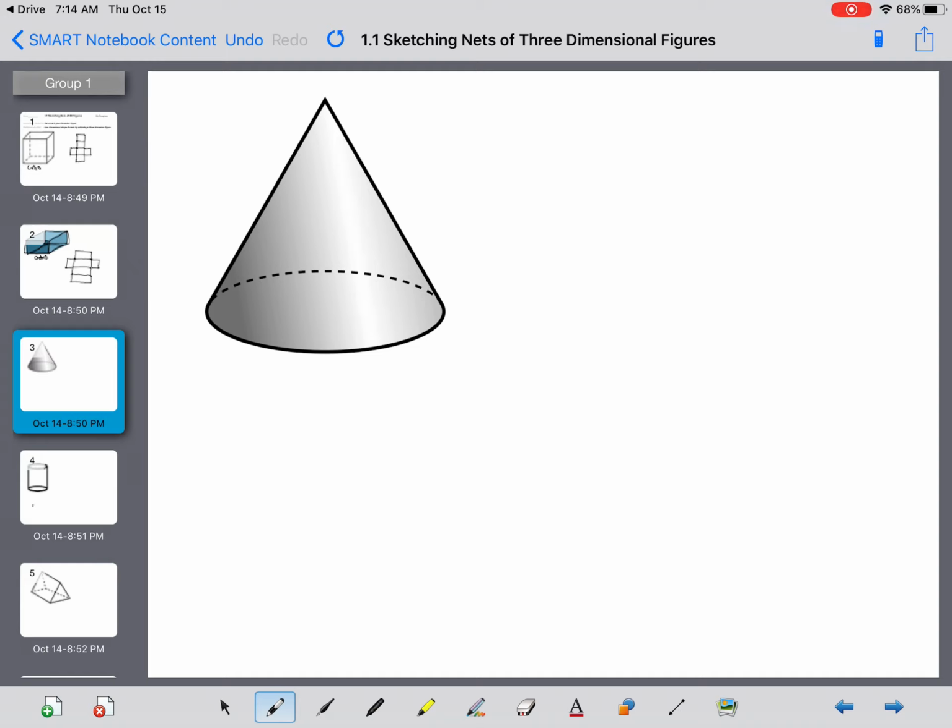Next 3D figure we have is a cone. Okay, cones are a little tricky. First thing is, you know, the base of the cone right here is a circle. So do your best, draw a circle.